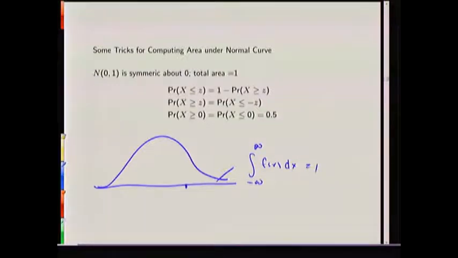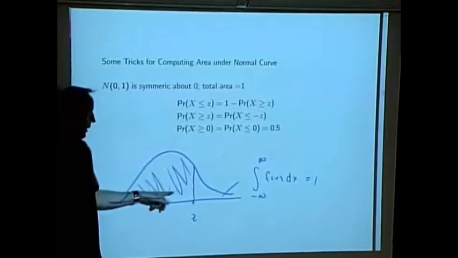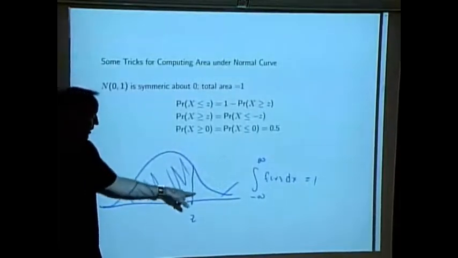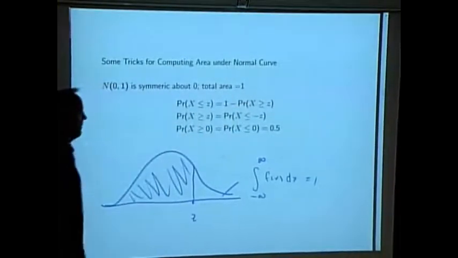And if we have some point z here, the probability that x is less than or equal to z is this area to the left, but because the total area has to add up to 1, the area to the right of z is 1 minus the area to the left of z, right?